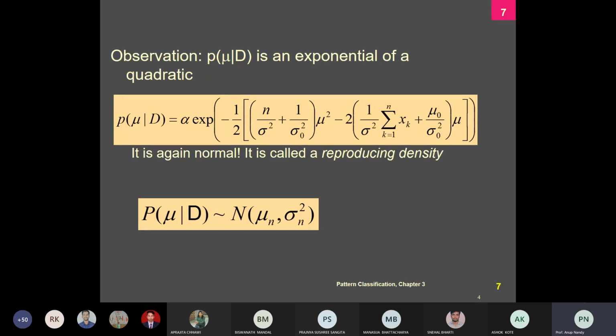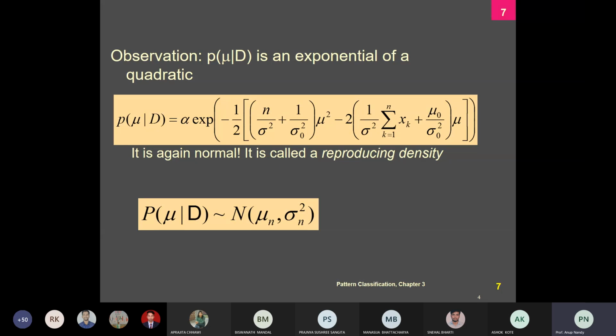These are the terms used in your Duda book. You can simply write P(mu given D) as modeled by a normal distribution with the parameters mu_n and sigma_n square.